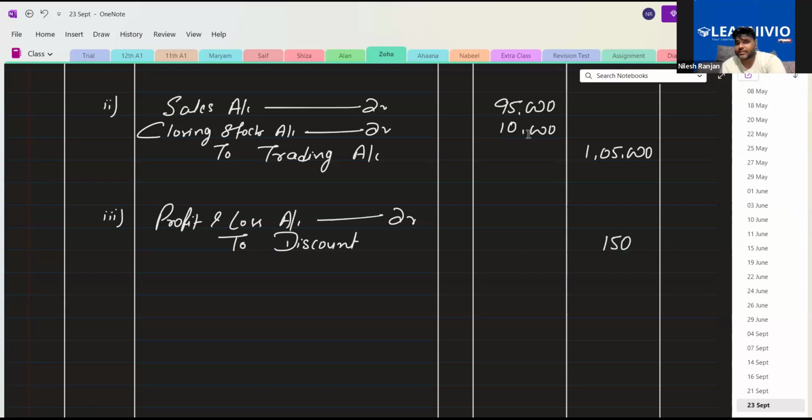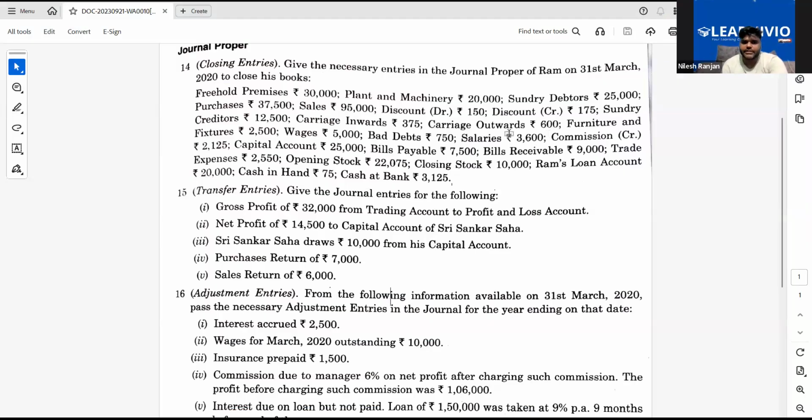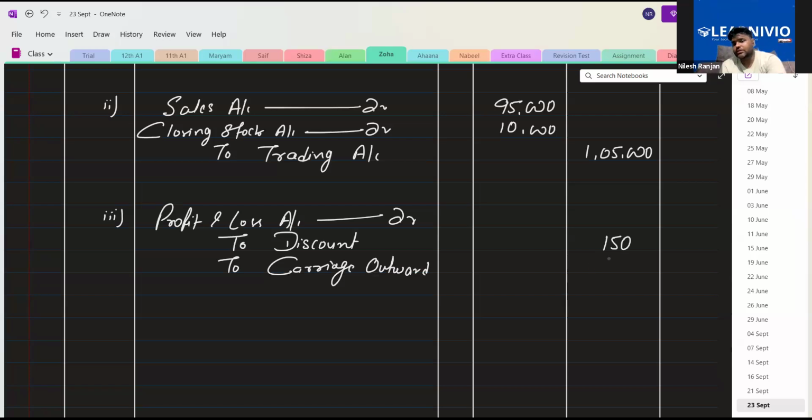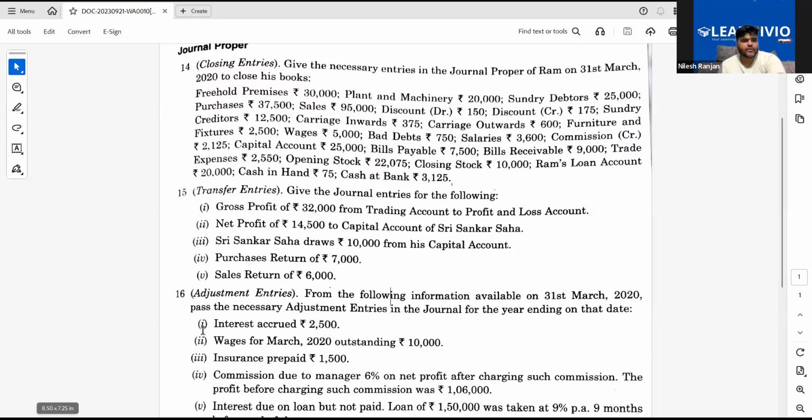There is one discount credit 175. We will write it in the second entry. Sundry creditors, carriage outward 600. Carriage inward goes to trading account, carriage outward goes to profit and loss. Furniture and fixture, wages, bad debts.